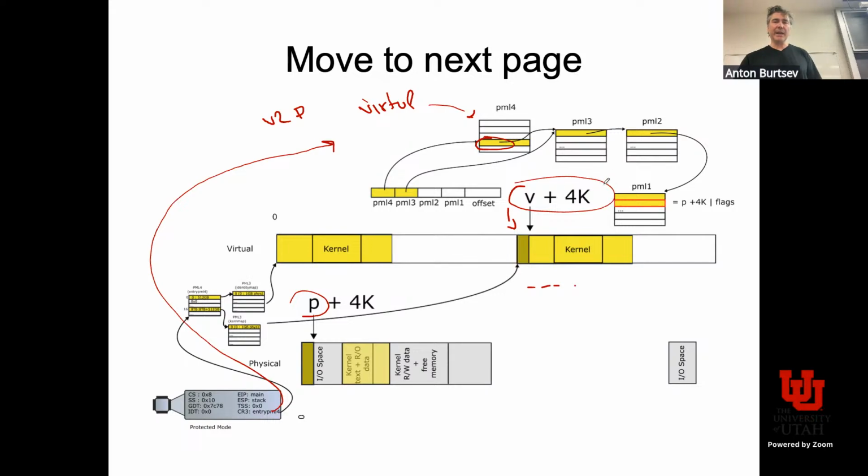Intuitively, it feels that we will only allocate these 3 levels once. If PHYSTOP is 230-something megabytes, then we only need some number of leaves here, but not a huge number, right? So only these PML1 levels will be allocated. Let's take a look at the code, how it's actually done.